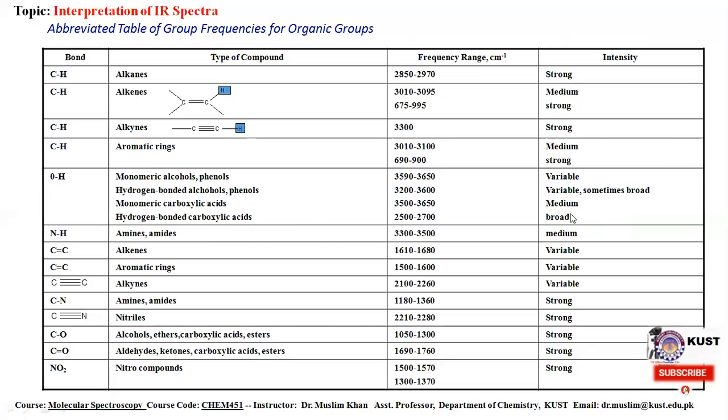For monomeric carboxylic acid it is medium, and for hydrogen-bonded carboxylic acid it is broad in this region. Similarly for amines, amides, alkenes, aromatic rings, alkynes, nitriles. So all the regions and the intensities are given here for these bonds.